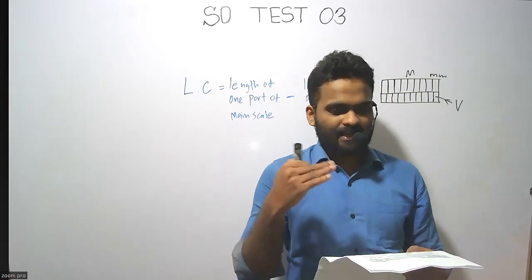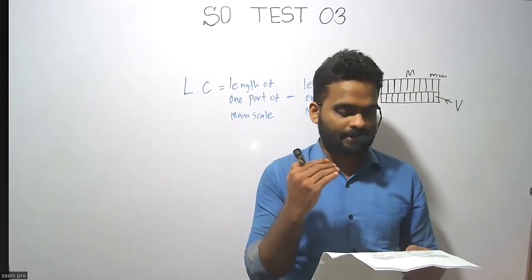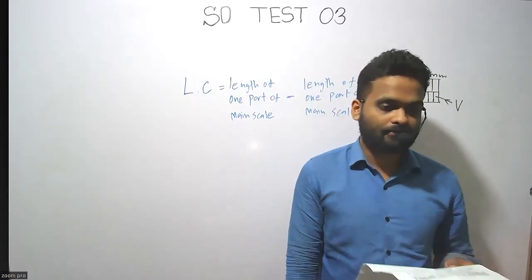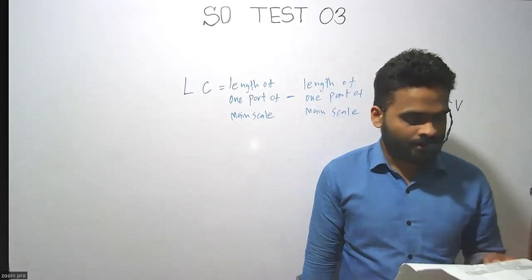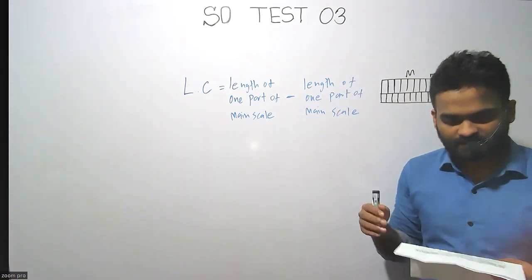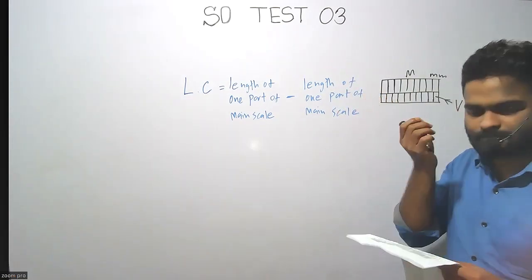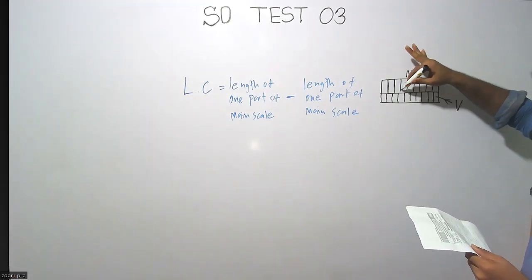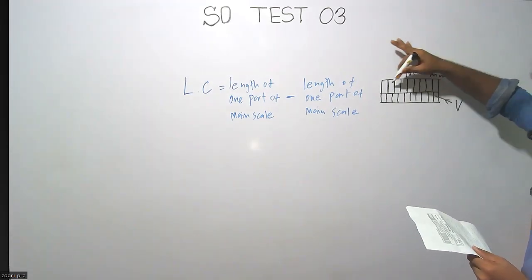So this is a kind of standard question, but using this we can explain the fundamental of the vernier principle. Many students don't understand this clearly, so I'll explain from a small amount of theory. In the question, what they say is this is the main scale.